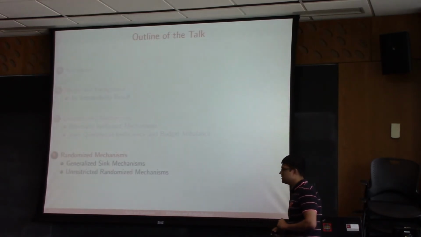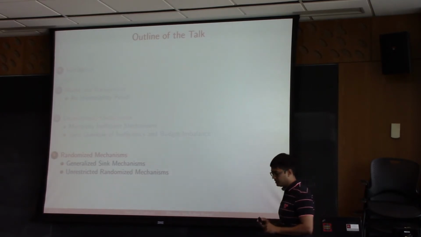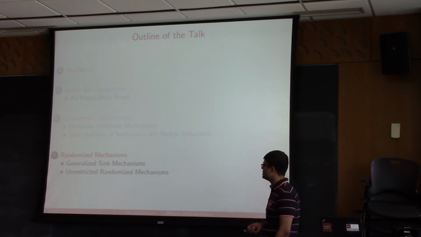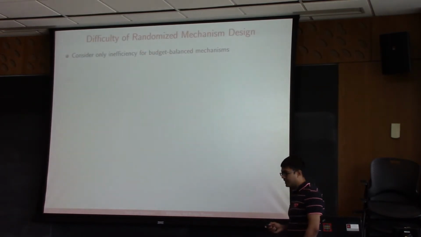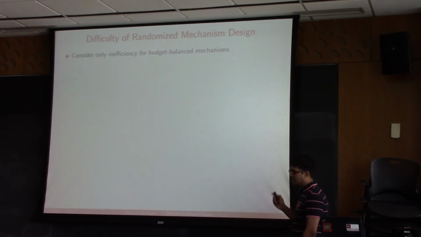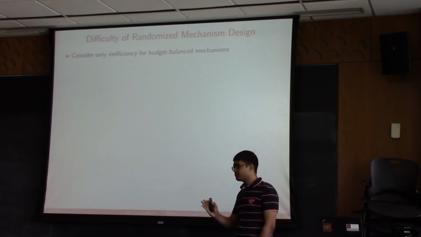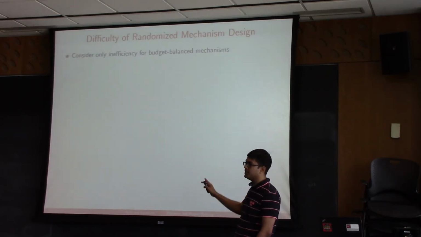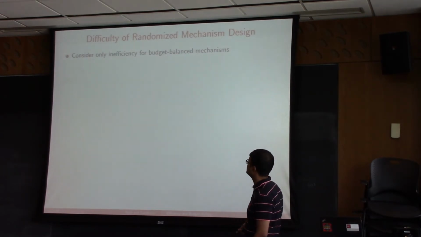Okay, so that takes care of the deterministic mechanisms and gives a very tight bound on the limit of inefficiency. Now, for the context of a randomized mechanism, it's a little trickier. In this context, we are just looking at the first problem that we discussed in the deterministic case: budget balanced mechanisms, trying to minimize inefficiency.